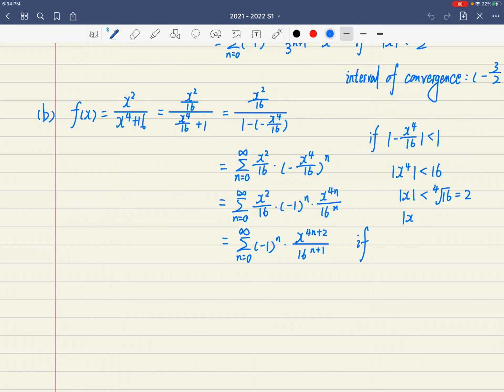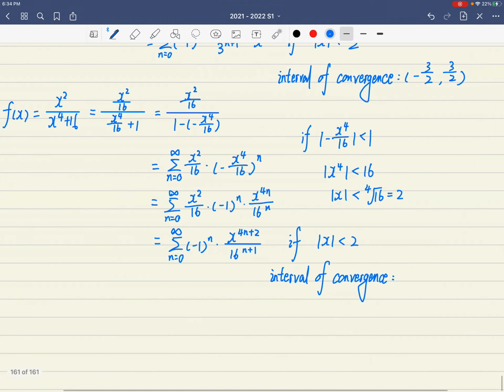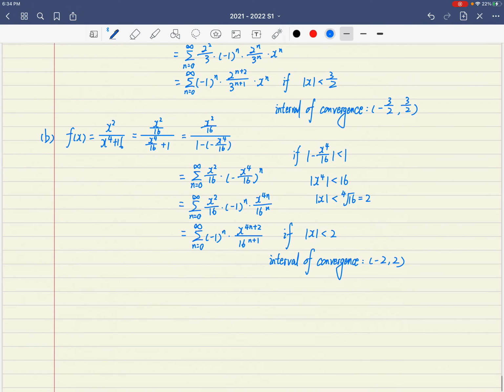So the absolute value of x must be smaller than 2. So the interval of convergence is from -2 to 2.